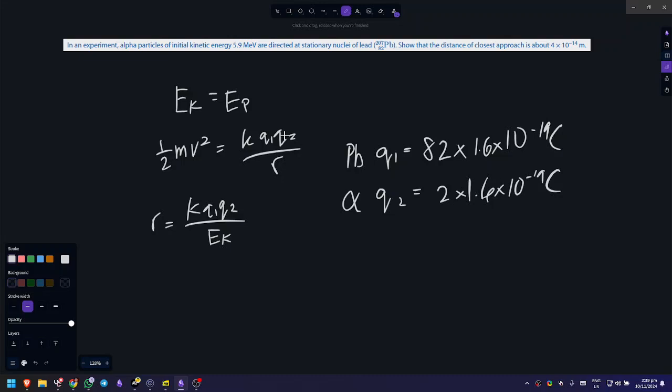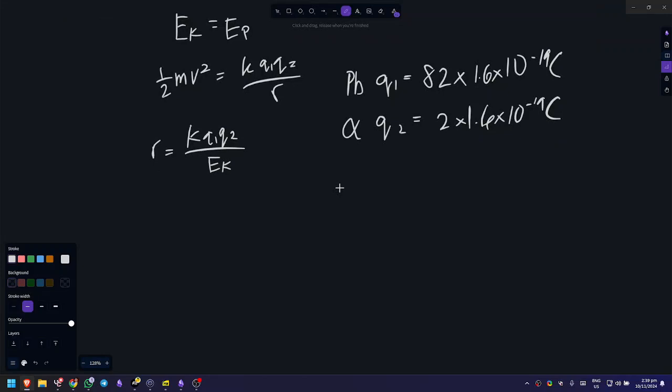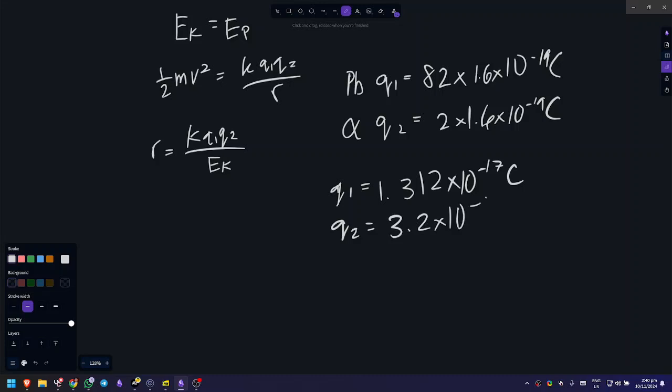Putting this into a calculator, q1 equals 1.312 times 10 power minus 17 coulomb, and q2 equals 3.2 times 10 power minus 19 coulomb.